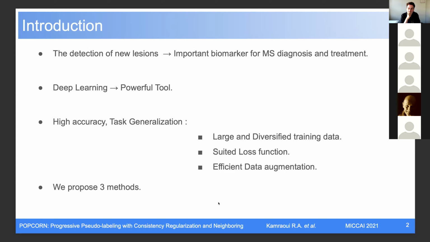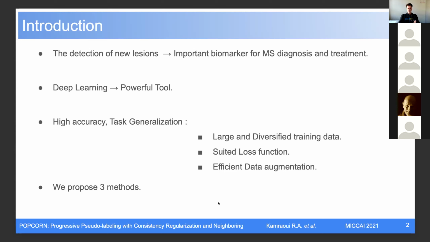However, in order to achieve task generalization and human-like performance, deep learning-based methods require some conditions. First, such a method needs to be trained on a dataset that covers a large diversity in terms of image quality, pathology, and inter-subject variability. Second, the training process should be optimized with a loss function suited for the task of segmenting new lesions.